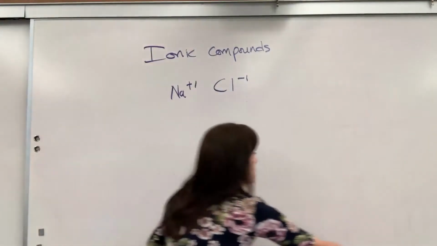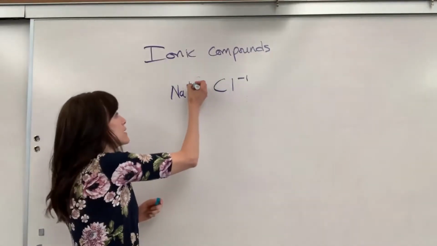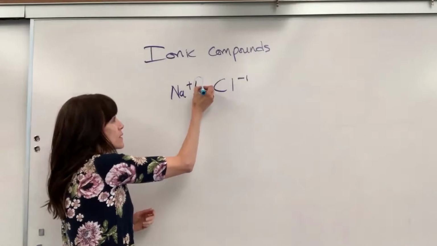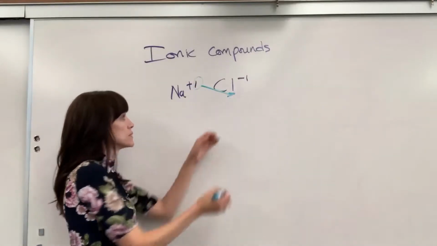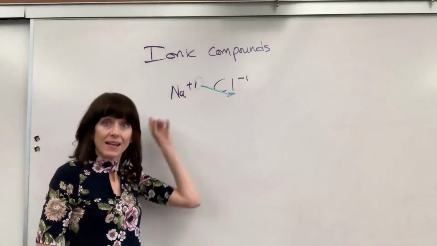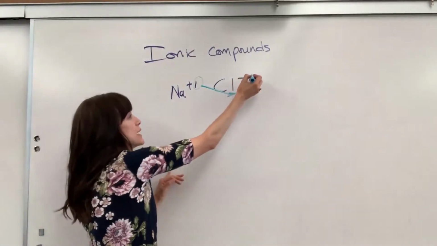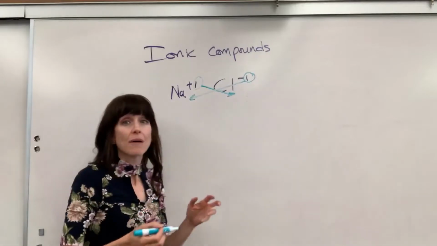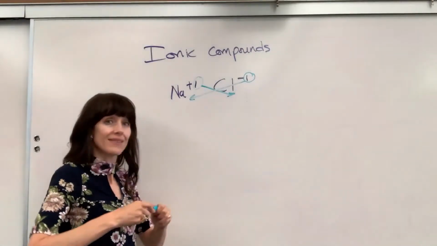You take just the number from the cation, and that number becomes the subscript on the anion. Vice versa is also true. You take the number from the anion and cross that down, and that becomes the subscript for the cation.